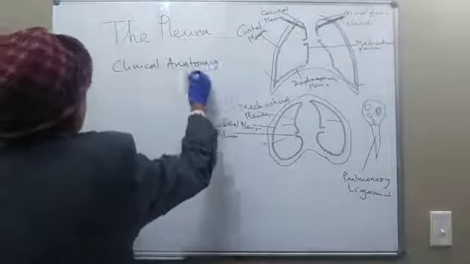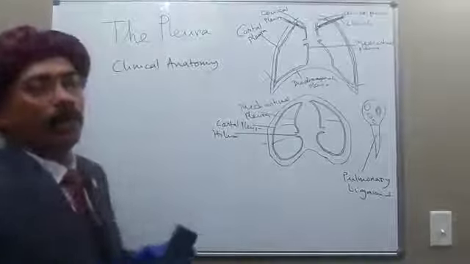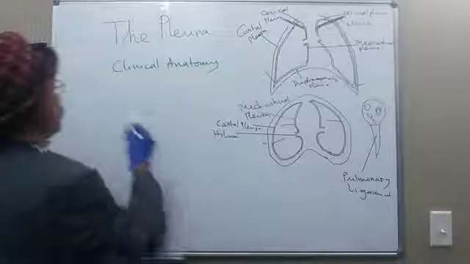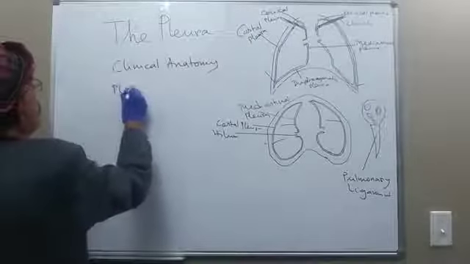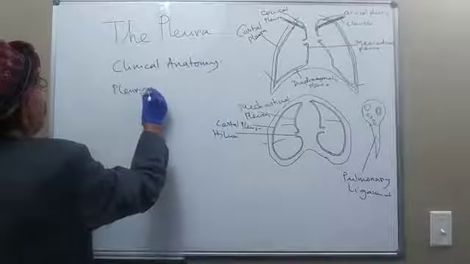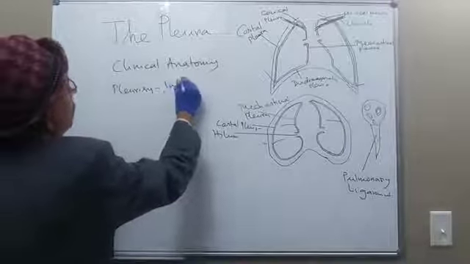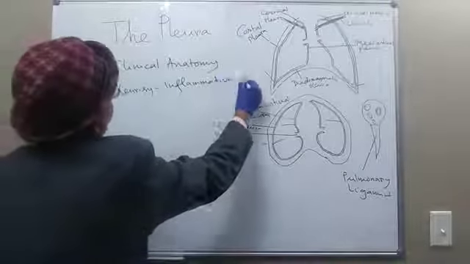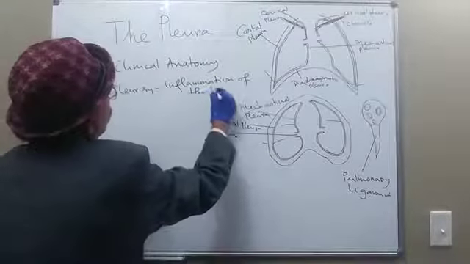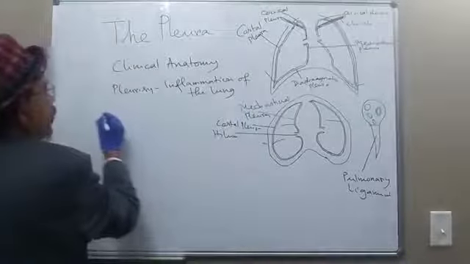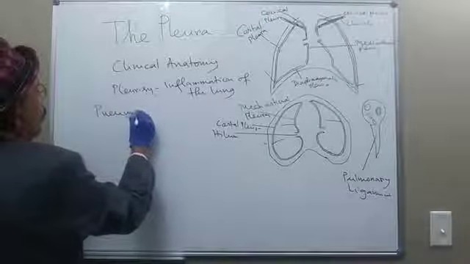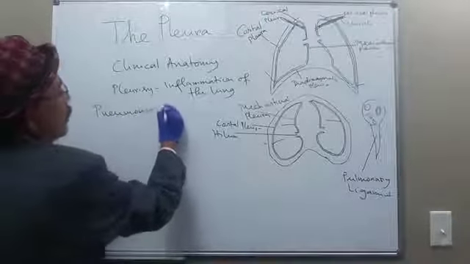Okay, where our lung may go through infection or inflammation, we call it pleurisy. Inflammation of the pleura. We have another term, pneumonia. Pneumonia, that is infection of the lung.